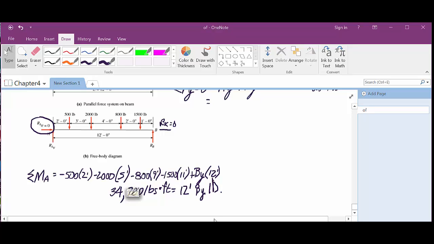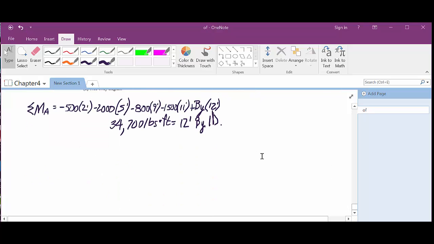Okay. Stop me when you got a question like that because I don't want to screw this up. All right. So then we take, if I can find my pen again, BY stays here, right? 12 goes the other side and it's divided into that, right? So if we break this down a little more, 34,700 pounds feet divided by 12 feet.